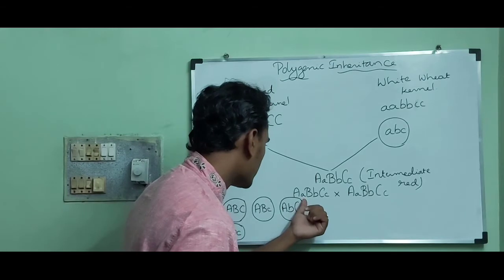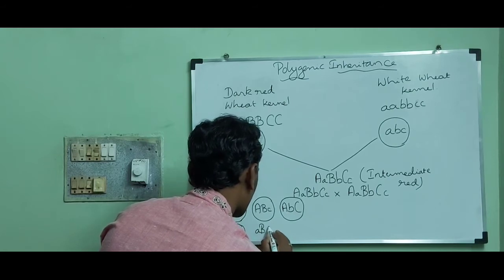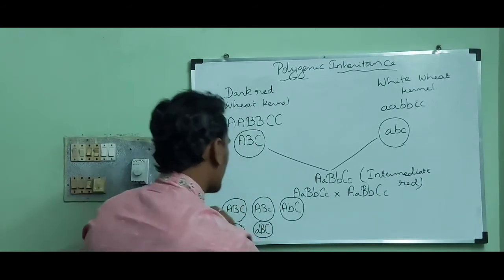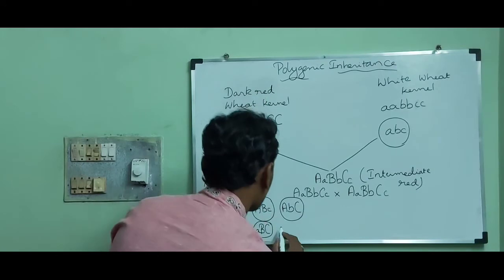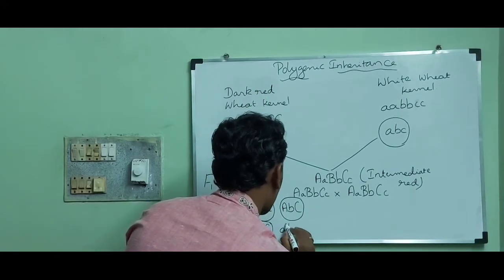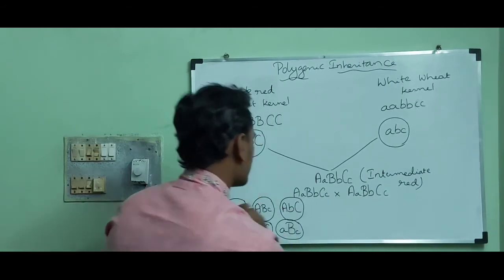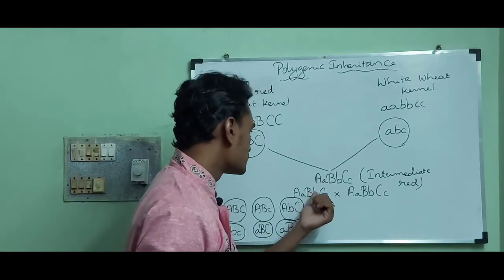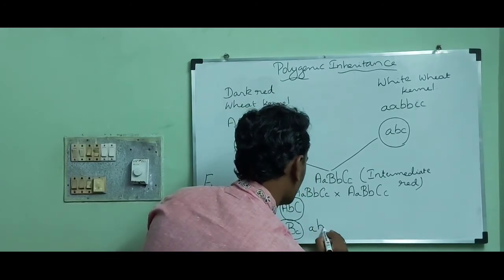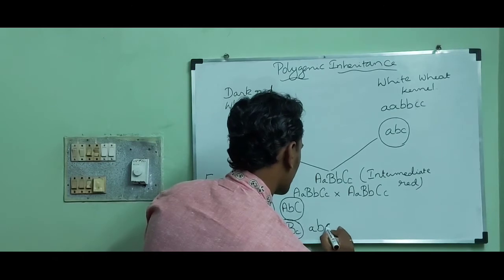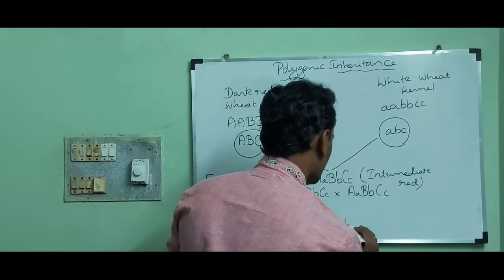Then small a, capital B, capital C; then small a, capital B, small c; then small a, small b, capital C; then small a, small b, small c.